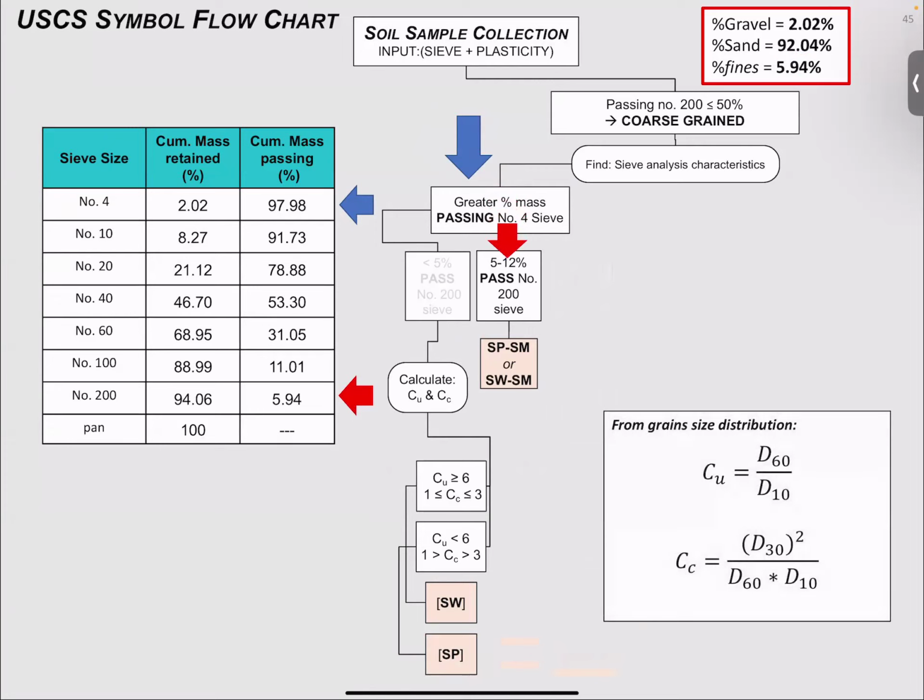Most of the time, if it's just a normal report, we assume everything is going to be poorly graded in Florida. That's based off of the geologic deposition. But in other places, we might have a nice, well-graded material, especially some of the aeolian or other types of sediment, like colluvial sediment, where it's a little bit better mixed.